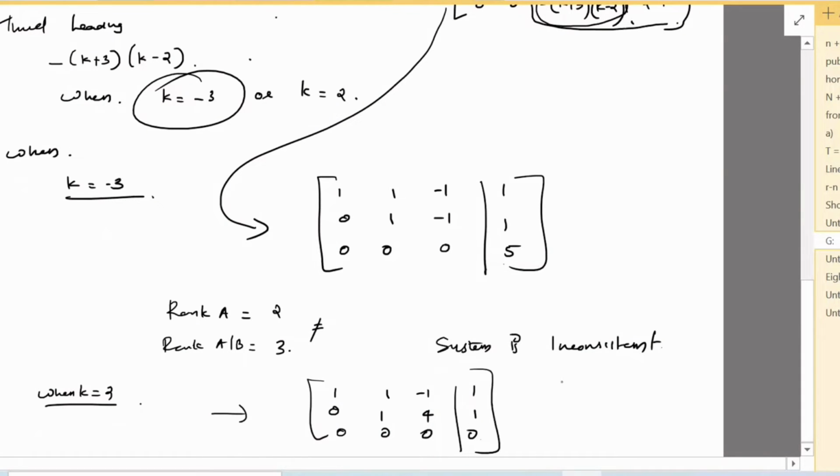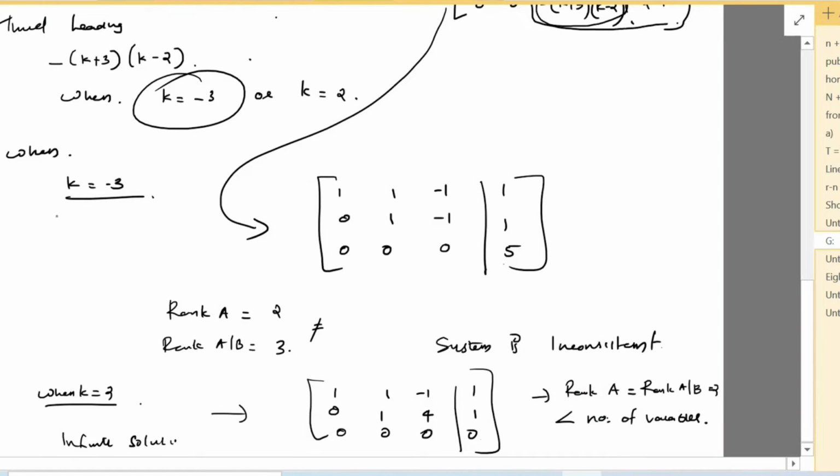So here, rank of A equal to rank of AB equal to 2, which is less than number of variables. So what we can say, if it is less than number of variables, the system has infinite solution.